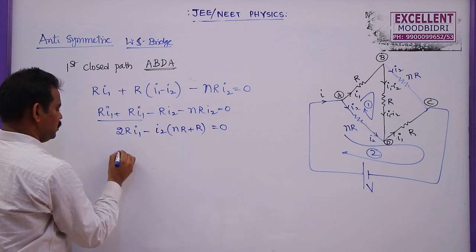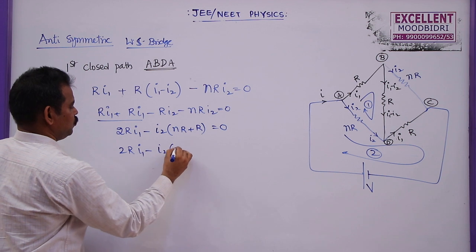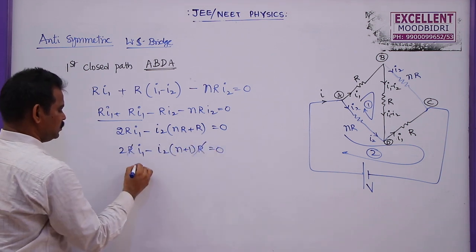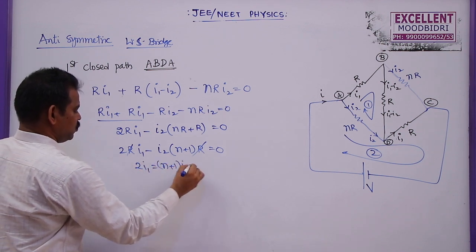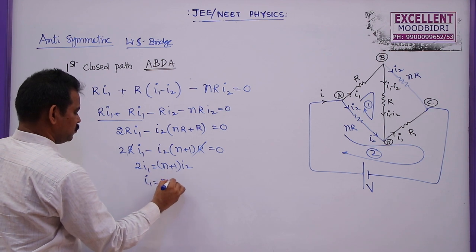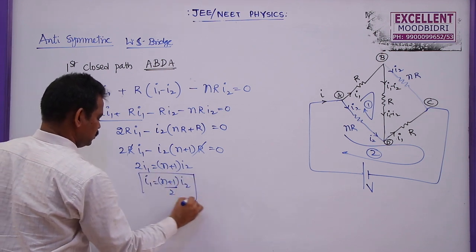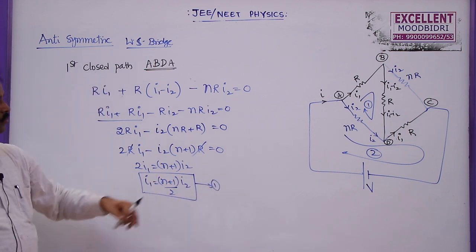If you take R common here, 2RI1 minus I2 into (N plus 1) into R is 0. R, R cancel. 2I1 is equal to (N plus 1) into I2. So I1 is equal to (N plus 1) by 2 into I2. This is equation 1. So I got a relation between I1 and I2.